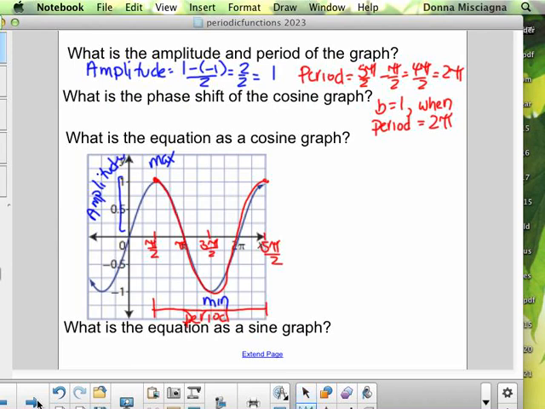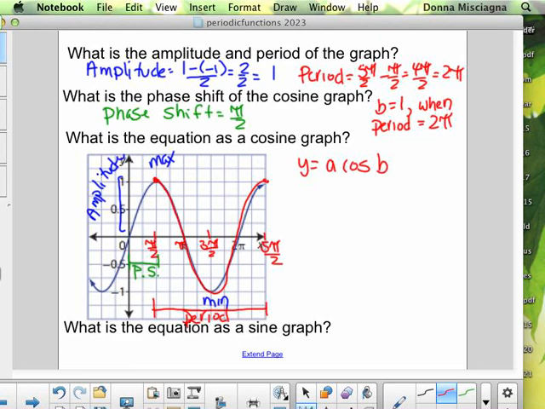All right, so our graph is starting here. This represents, at pi halves, I'm going to put PS for phase shift. I don't have that much space. So that represents the phase shift. The phase shift is pi halves. The equation in terms of cosine is going to be y equals a cosine b times x minus c.